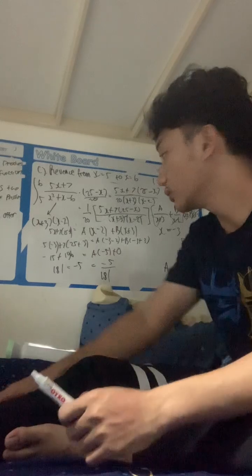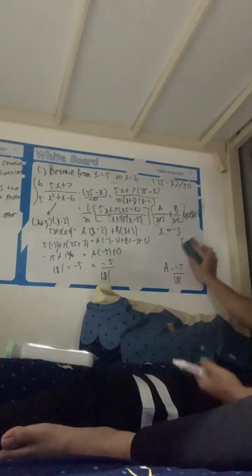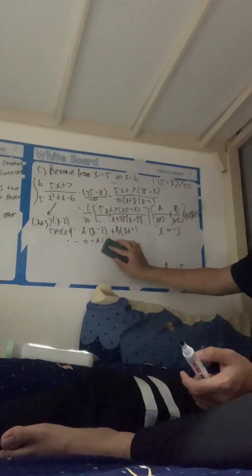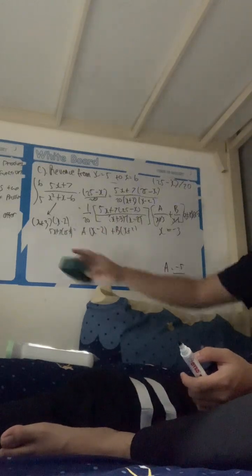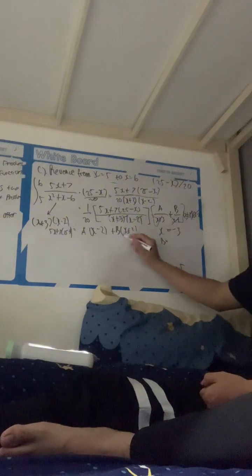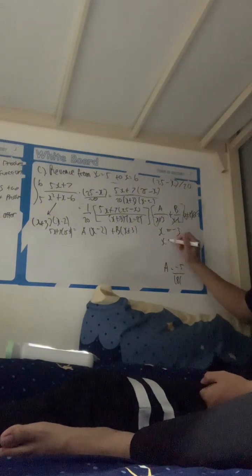So next we're gonna do the b part. Okay, so we already get the a here. I'm gonna save it. So to do the b, we'll do the same procedure again. B is to make a 0. We're gonna use the x is 2.